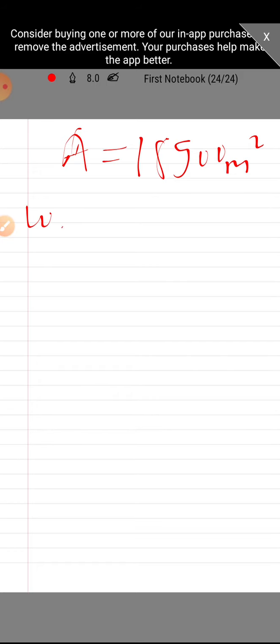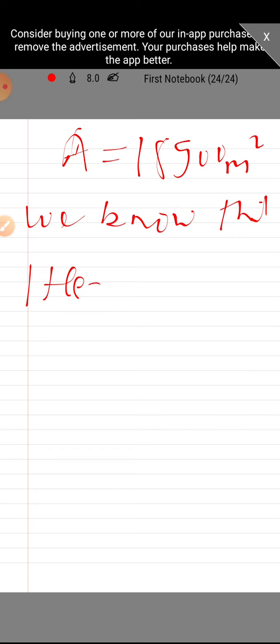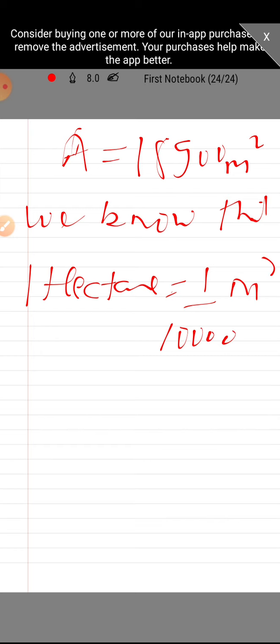Now this question also includes that you have to convert this into hectare. So we know that 1 hectare is equals to 10,000 meter square, which means if you wish to convert meter square, you have to divide by this value, that is 10,000.